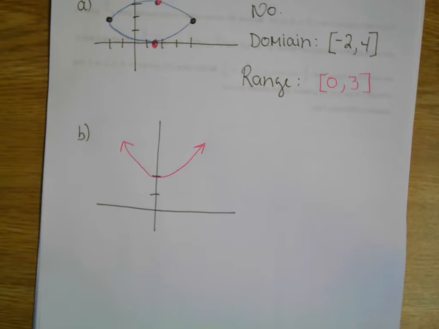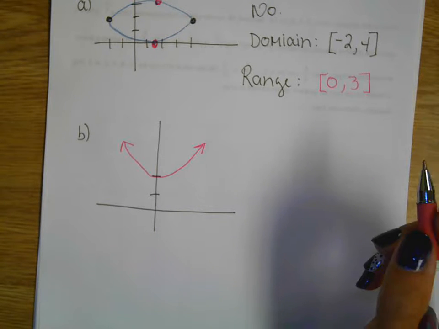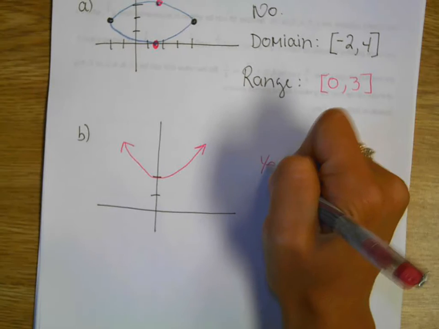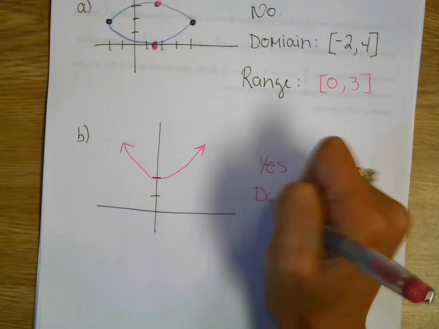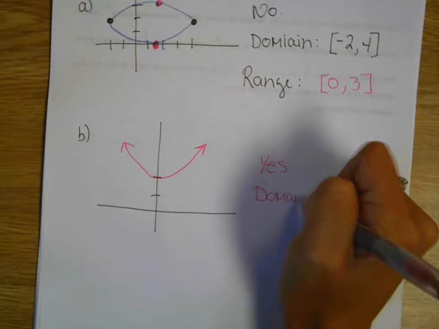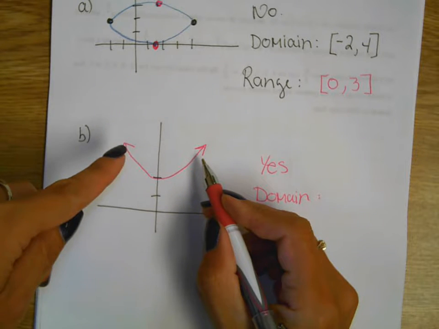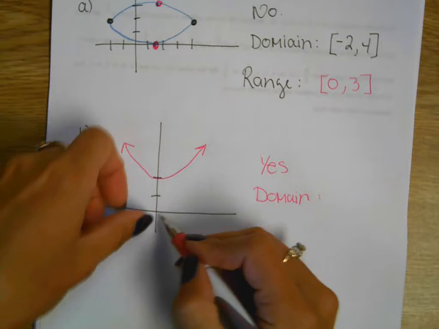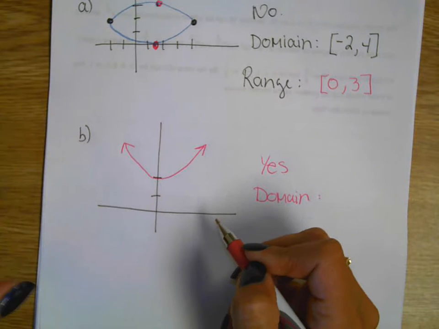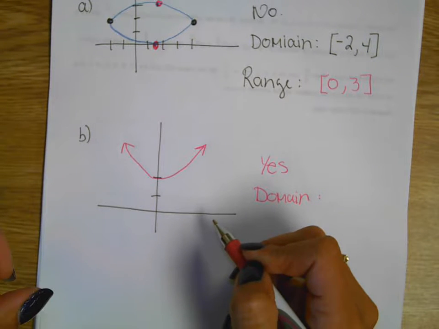All right, function first. Let's go, Emma Wyman. Function or not a function? Yes, a function. Passes the vertical line test. Domain. Now remember what these arrows mean. What's going to happen to this parabola as we continue out on the x-axis, Adam? Which way?